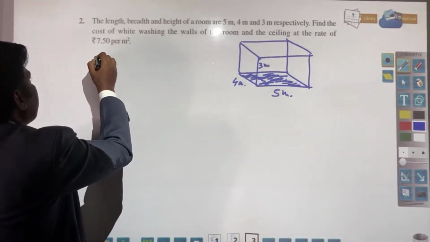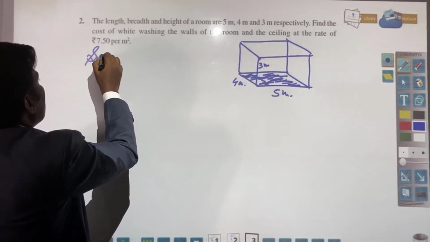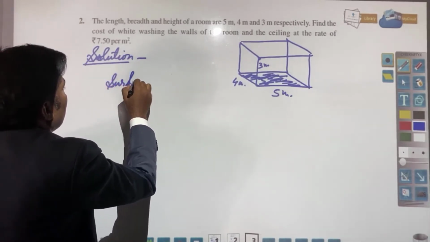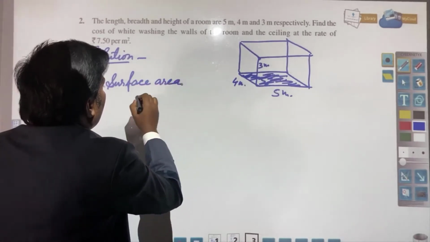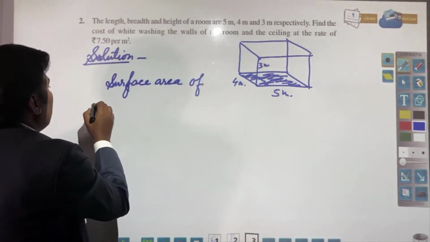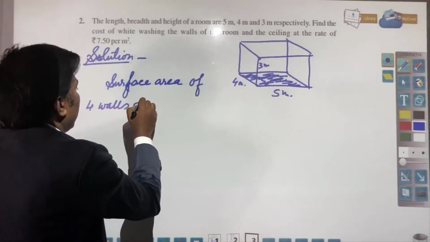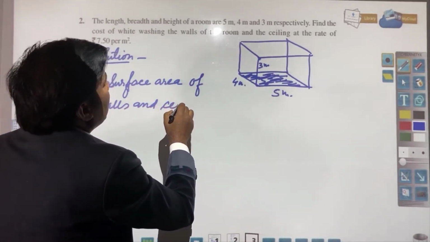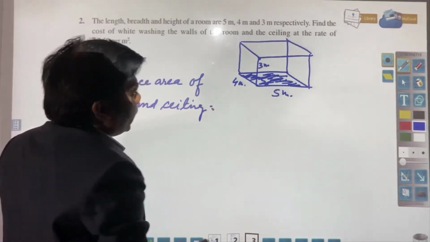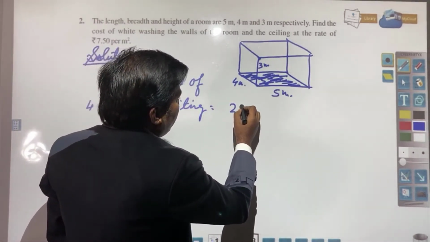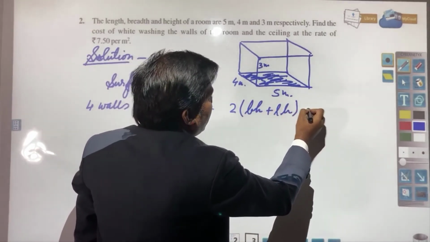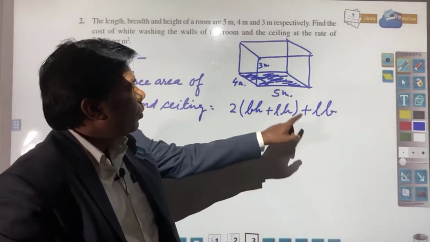So we will write surface area of 4 walls and ceiling will be equal to, just you see, what we will write? 2 into (BH plus LH) plus LB, because only one portion of LB we will take.